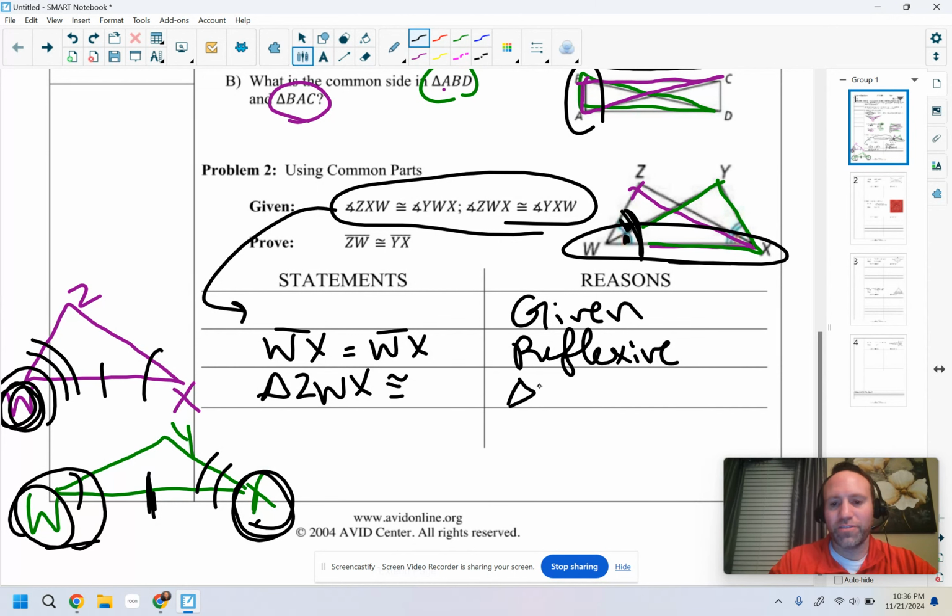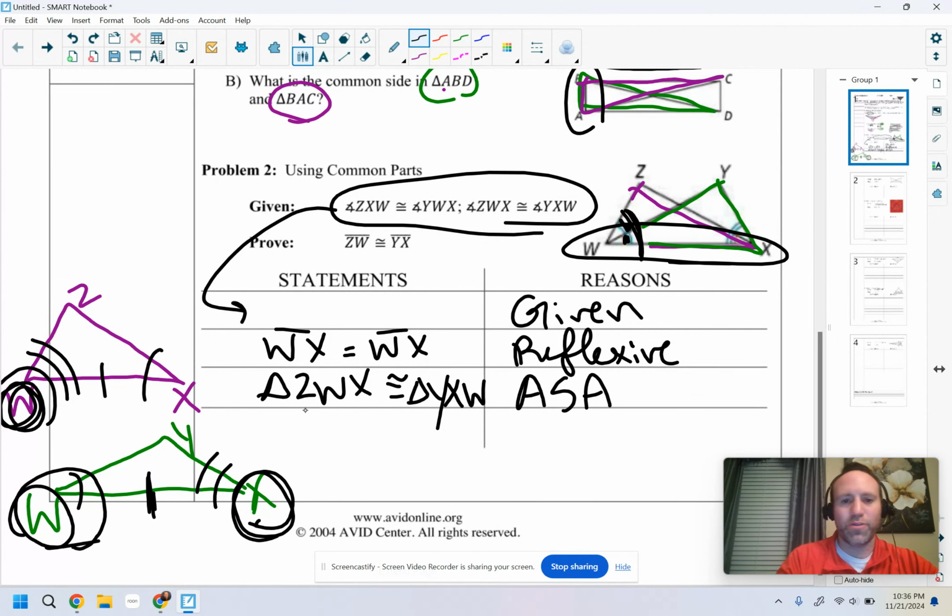So when I write the triangles, Y goes first, and then the next angle is X, then W. So be careful. And again, that's going to be by angle, side, angle. Now that the triangles are congruent, I can say ZW is congruent to YX by CPCTC.